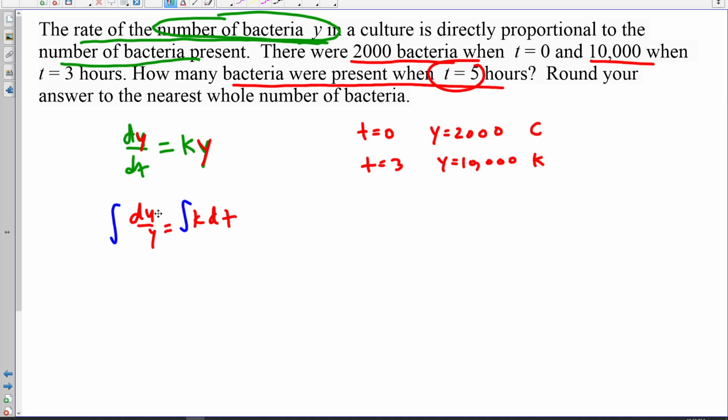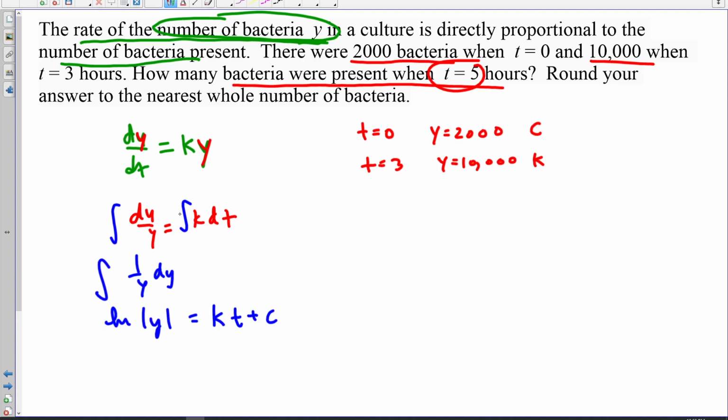Just to make it clear, this left side is really the integral of 1 over y dy. So this is ln of y plus c, but I'm going to move all my c's to the right side. And the integral of k dt, k is just a constant, so I can move that out. That'll be k times the integral of dt, which is just t plus some c.